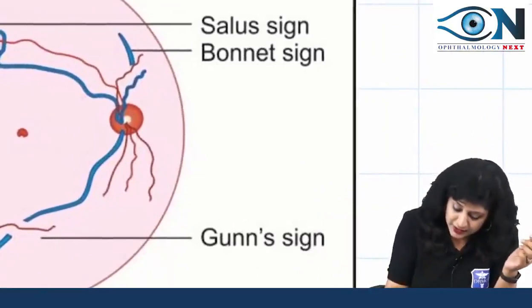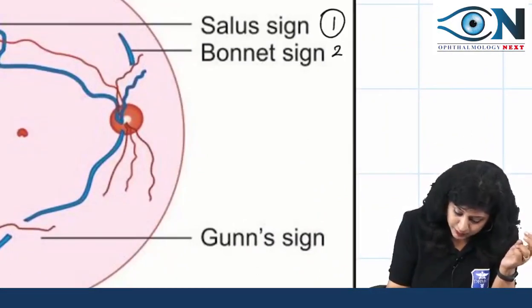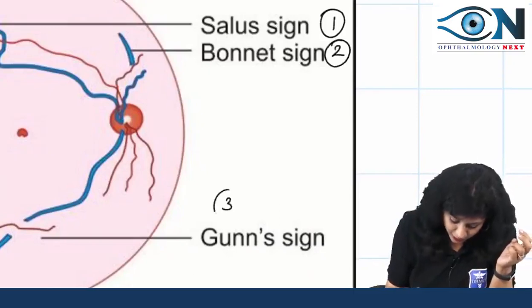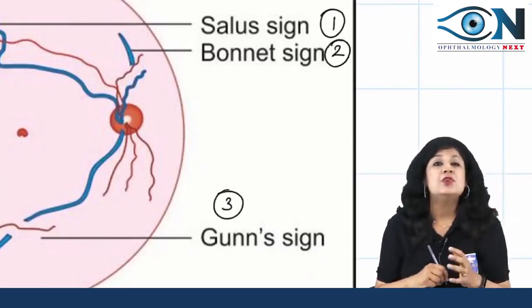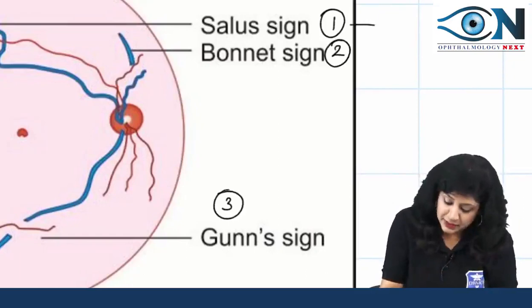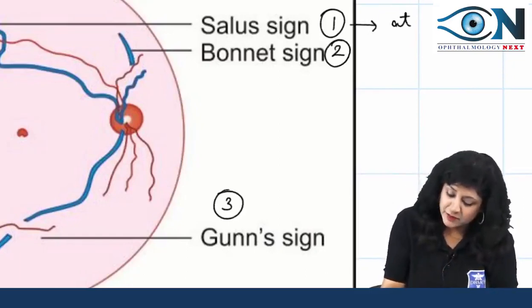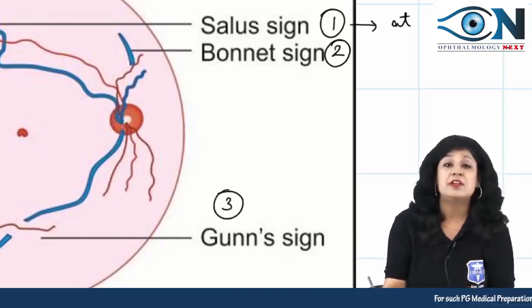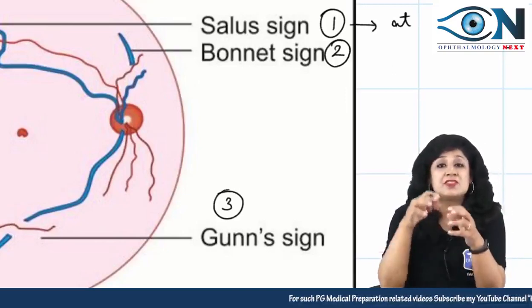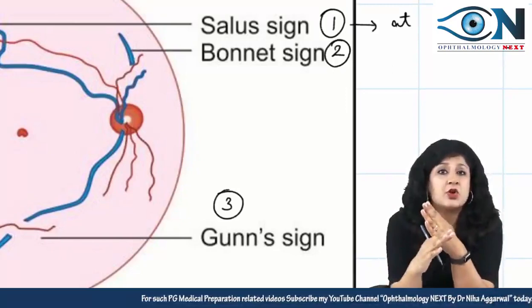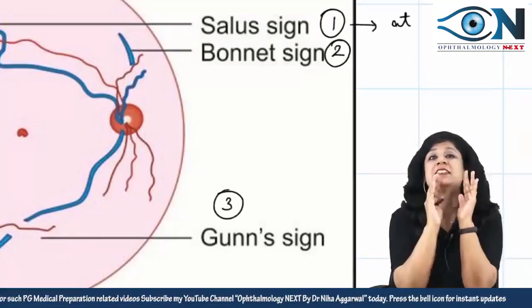One is the Salus sign, then we have got the Bonnet sign, and then we have got the Gunn sign. So Salus sign will be at the AV crossing, meaning if the deflection of the vein is taking place just where an artery and a vein are crossing each other, that is called Salus sign.